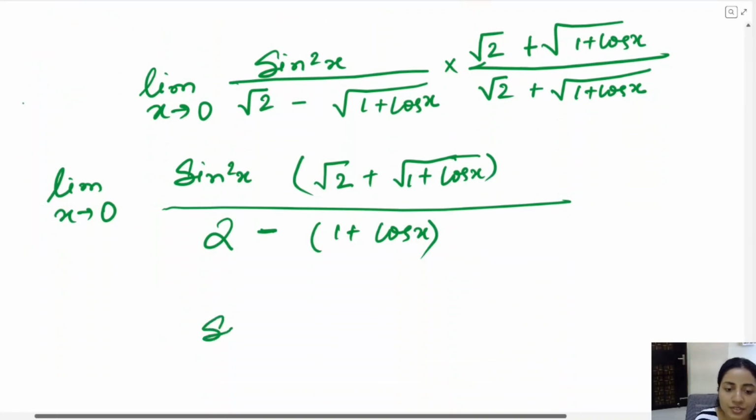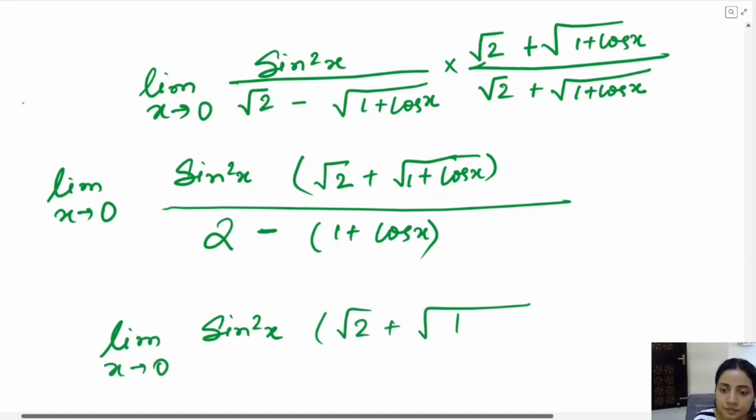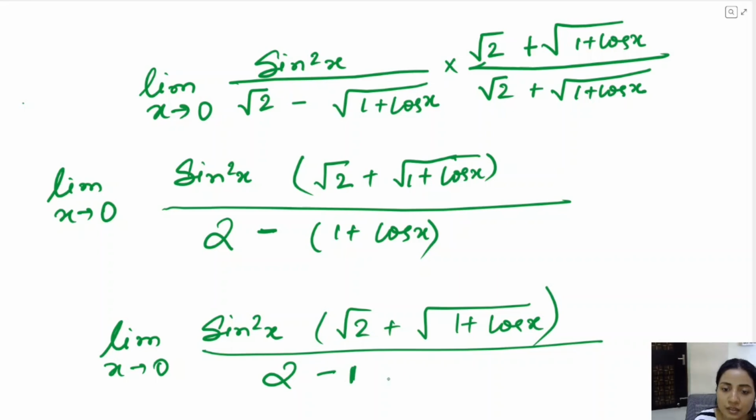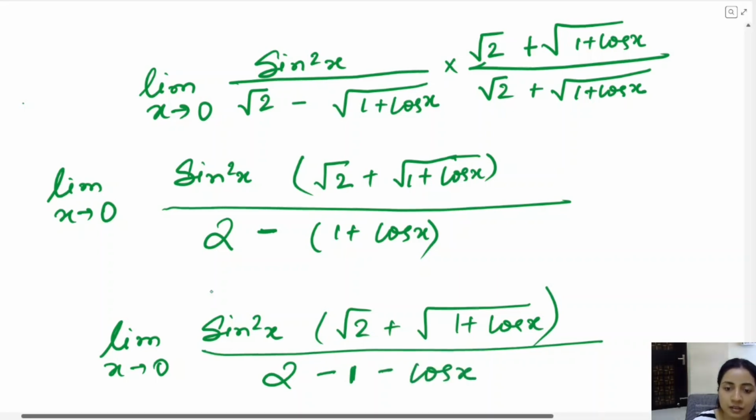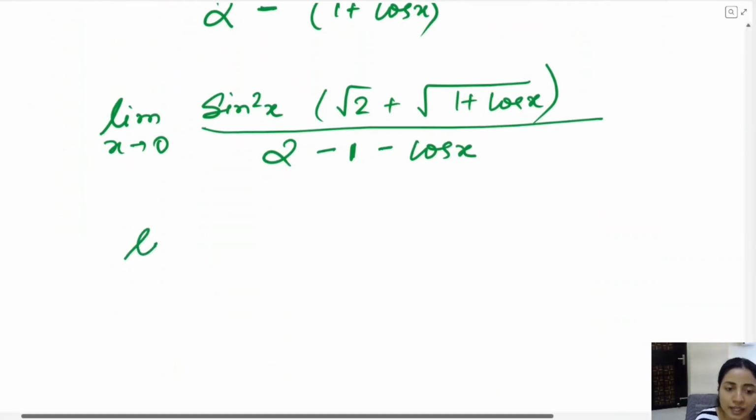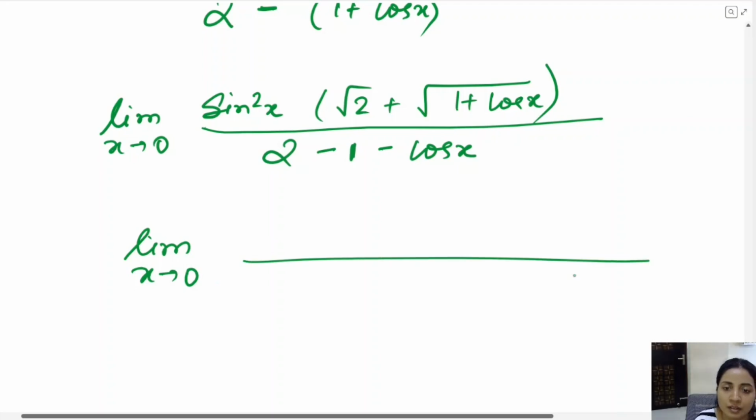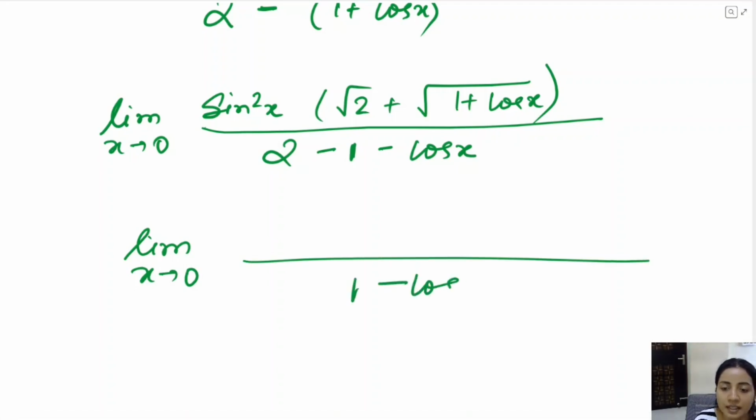So we are going to have sin square x, numerator again copy pasted as it is, and denominator 2 minus 1 minus cos x. So we are getting 1 minus cos x in the denominator.